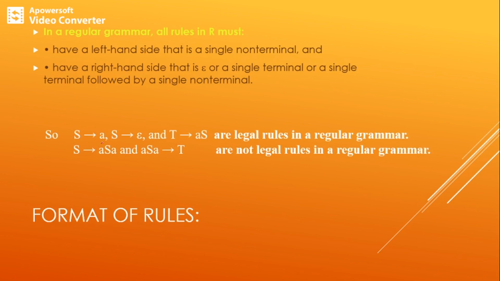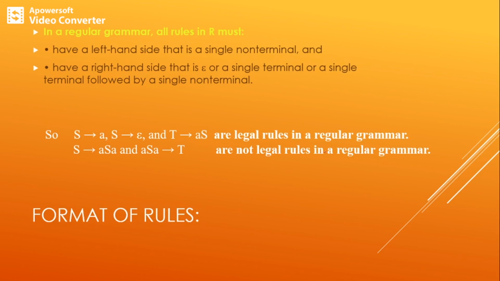So these are the examples. S gives a is a terminal. How do I say this is a terminal? It can always be a part of the string. S gives epsilon can be one rule. This can be another rule, and T gives aS. You can see a terminal followed by a single non-terminal.